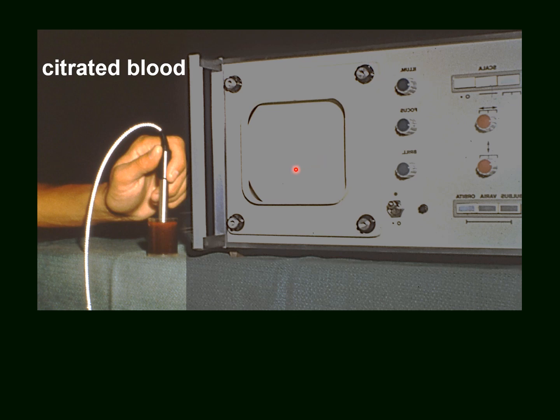It was examined this way: the citrated blood was poured into a glass container and the probe was placed from above into the citrated blood. This was the first widely used standardized A-scan instrument that we developed with Kretz technique in those years.